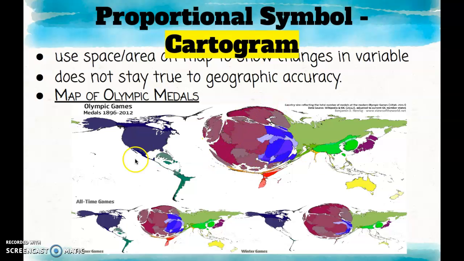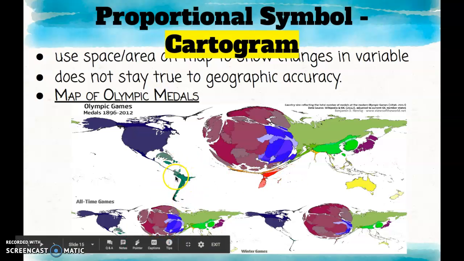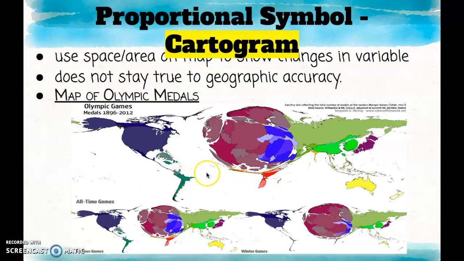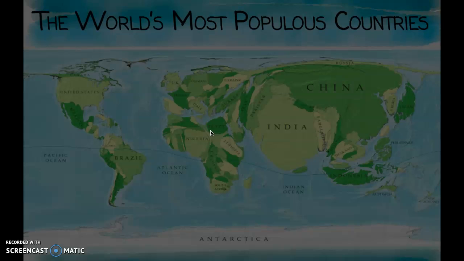So, some trends I can see are that from 1896 to 2012, Africa and South America are the continents with the least amount of Olympic medals, right? And I could make the opposite argument that Europe and the US or China or Japan here could be argued to have the most Olympic medals.